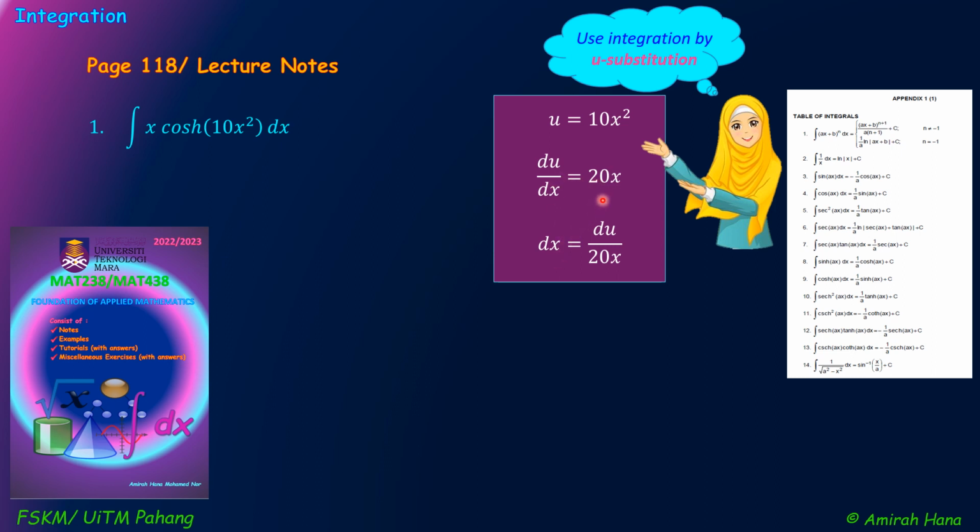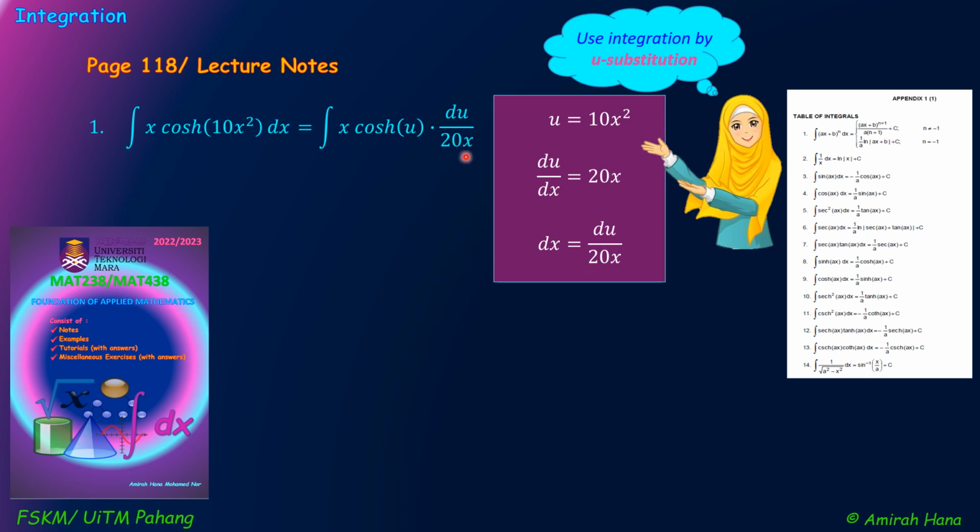So we got du over 20x. We just cross multiply. Then we substitute back into the given question. So kita ganti, we have integration sign, and then x, and then cosh 10x squared we let as u, and then we replace dx equals to du over 20x.